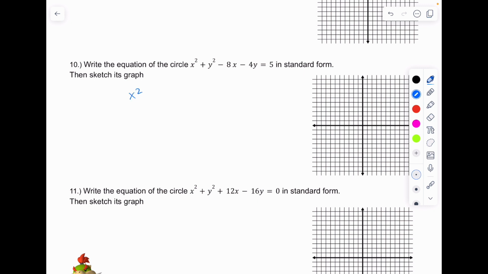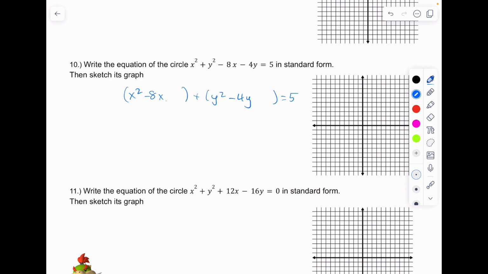So let's put x squared minus 8x, give yourself some space, plus y squared minus 4y, give yourself some space, equals 5. We're going to start adding some things onto that 5 in a second.